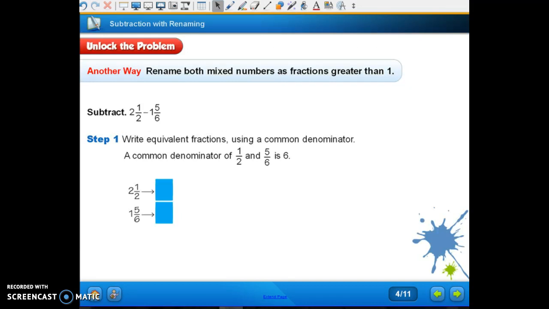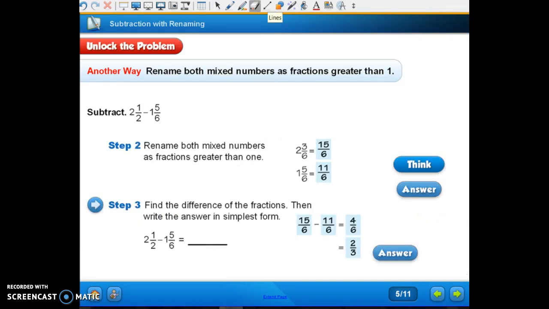Okay, here's another way. We're going to rename both mixed numbers as fractions greater than 1. If I take 2 3/6 and I want it to be a fraction, I need to take this 2, and that would be 1 plus 1 plus 3/6. But since I want everything to be a fraction, I have to have 6/6 plus 6/6 plus 3/6.